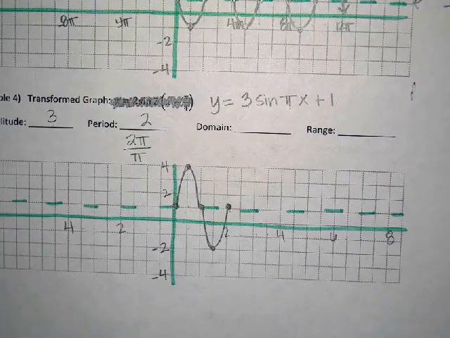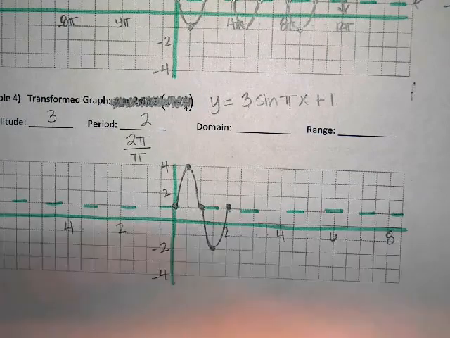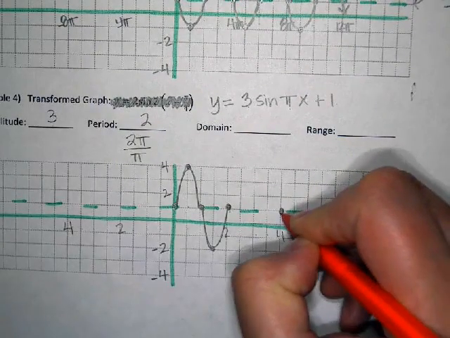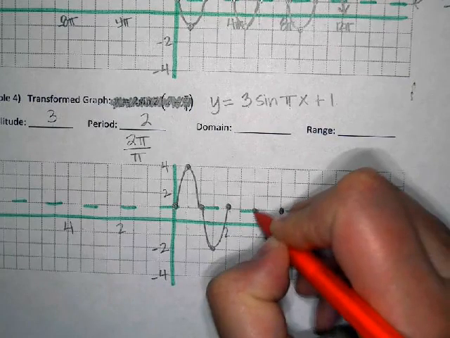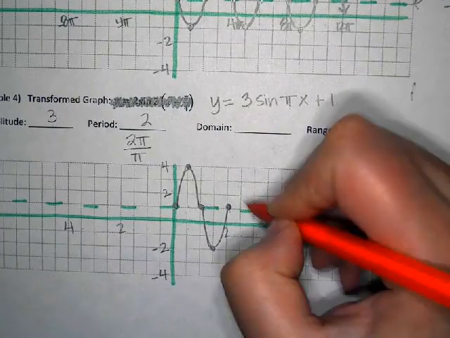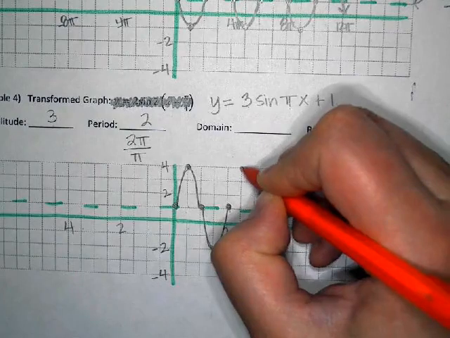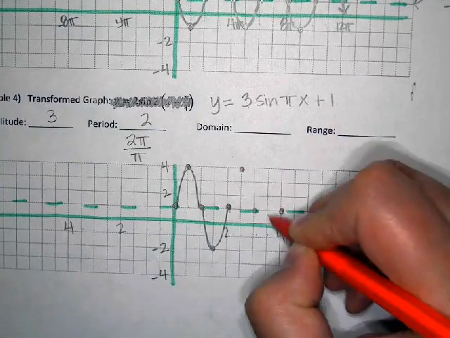Okay, put a dot at the end at 4. And then the middle. Okay, between the first 2 up 3, between the second 2 down 3. Okay.